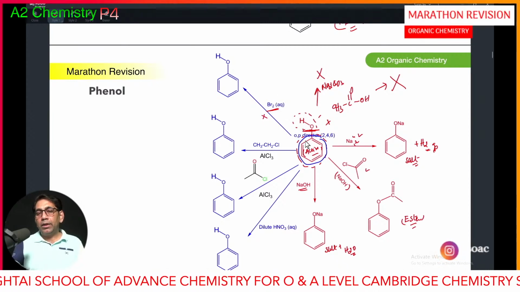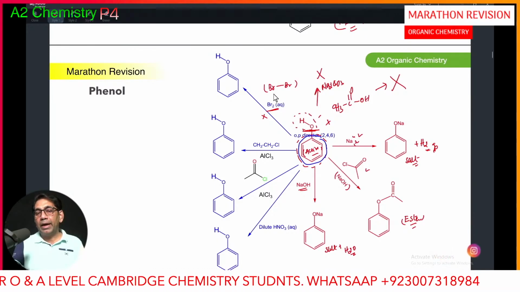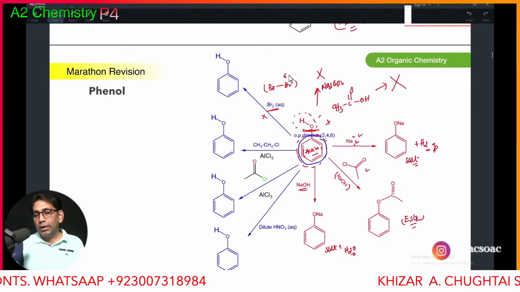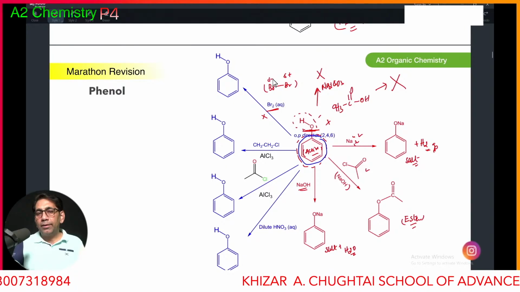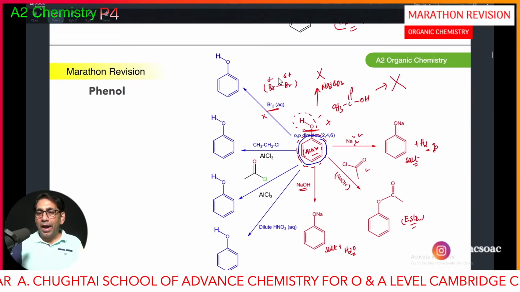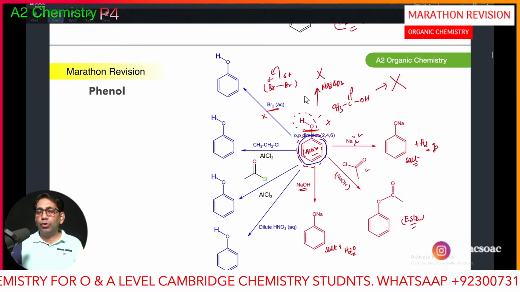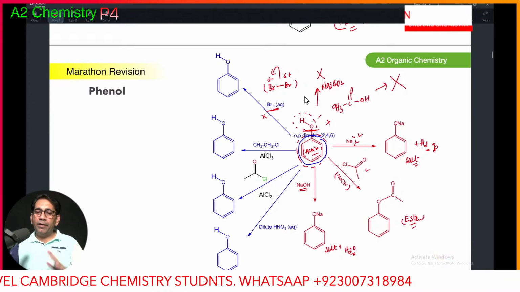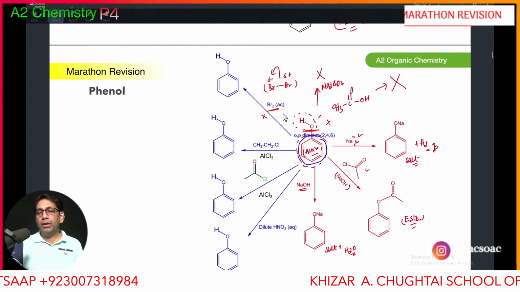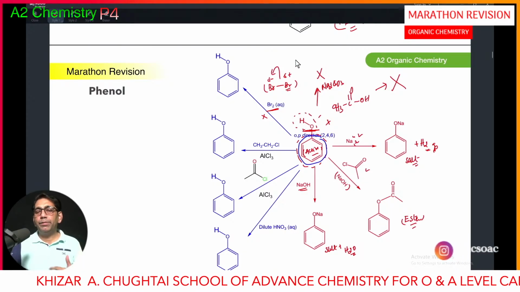Basically, when the pi electrons of the benzene ring approach this Br2 molecule, it polarizes. One Br will get a partial positive charge, the other a partial negative charge, and there is a heterolytic fission. The bond is broken unevenly and shifted towards one Br. The other Br is formed as Br positive.